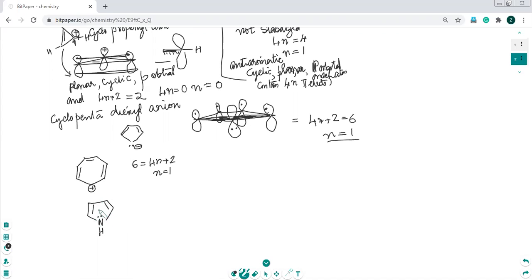But actually, when this molecule forms, this nitrogen becomes sp2 hybridized, and it exists in a planar fashion. See here. And this orbital, in which there is a lone pair, changes its direction slightly and is aligned with these orbitals here.